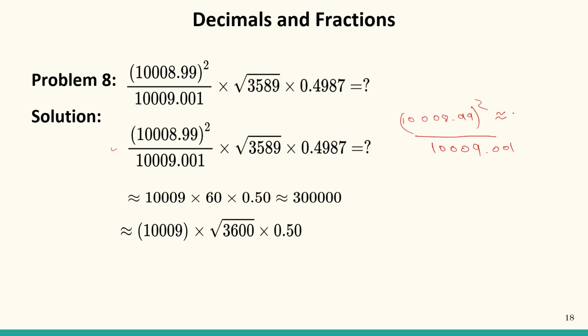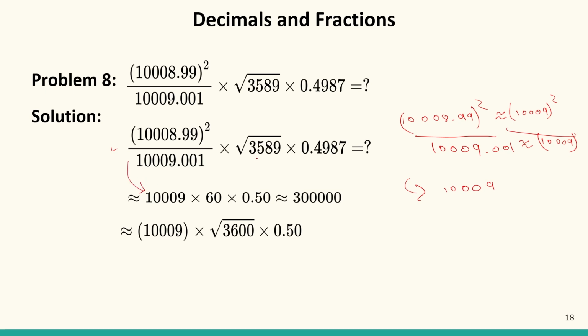The numerator is approximately 10009 whole square, and the denominator is approximately equal to 10009. If we go further, what we are left with is 10009. So the whole thing here is approximately equal to this number.